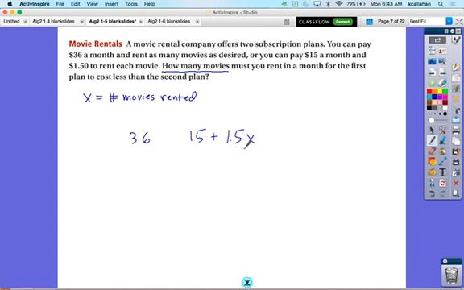They want to know how many movies x do we have to rent so that the first plan is less than the second plan. So with words, they've asked us to set up this inequality, and then we should solve this just like we did the 2 that preceded. All right, so let's subtract 15.